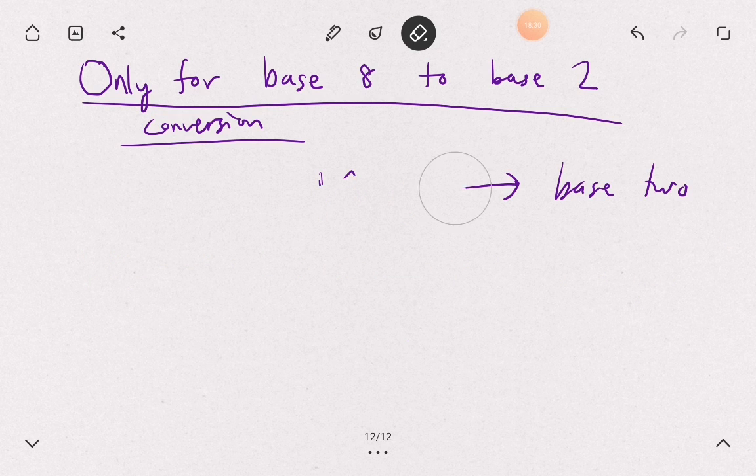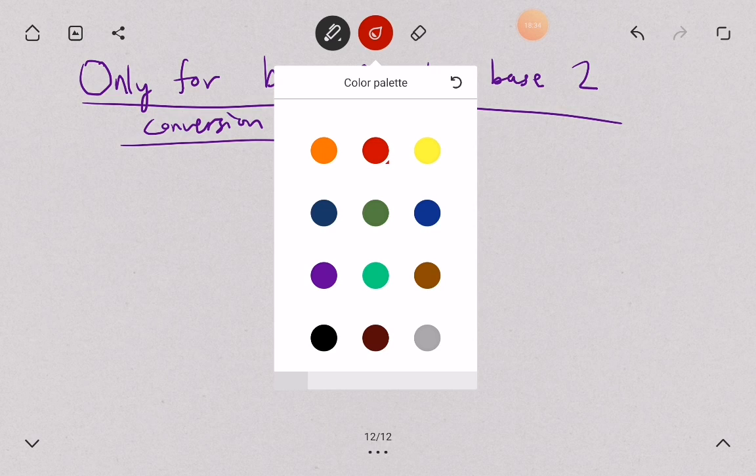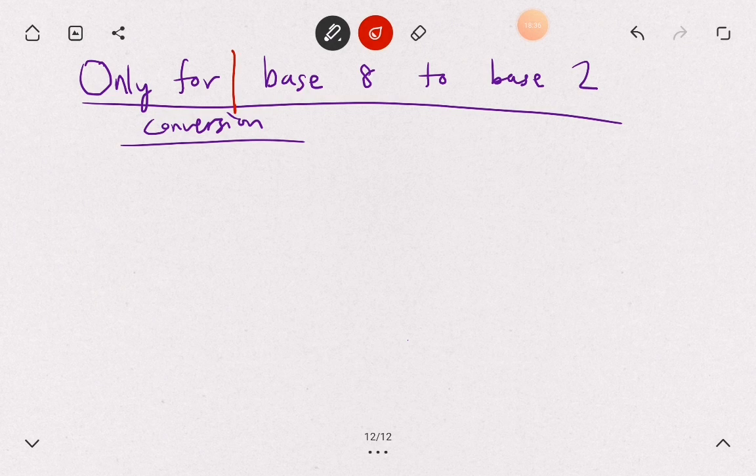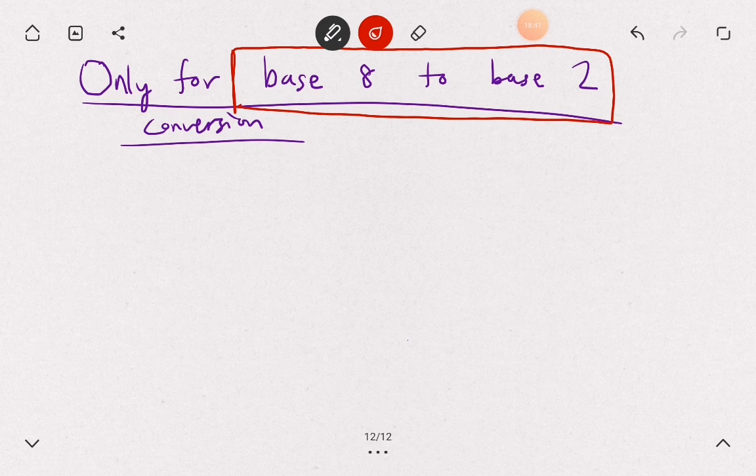And for the special case, remember, this is only for base 8 to base 2. I can do a special method, and this method is, so I have the number 105. This is in base 8.